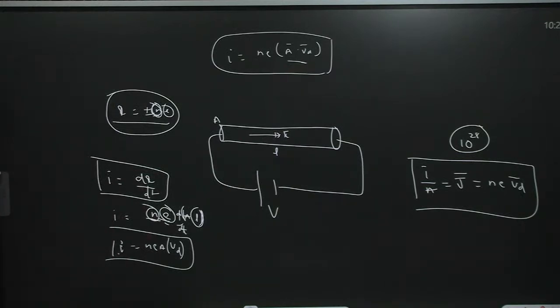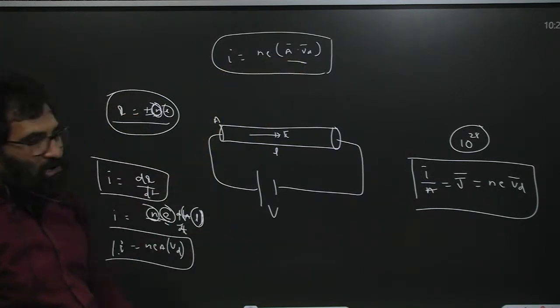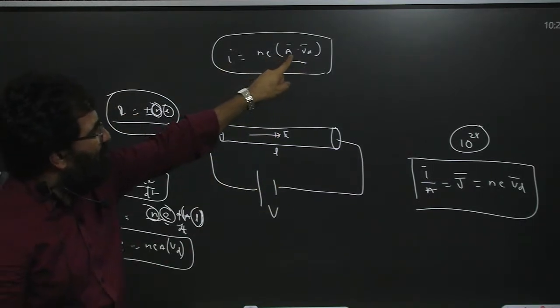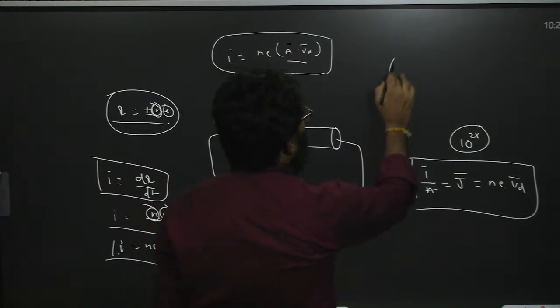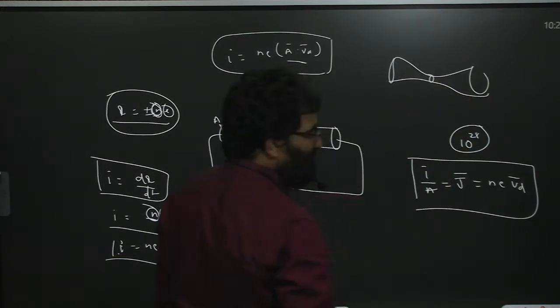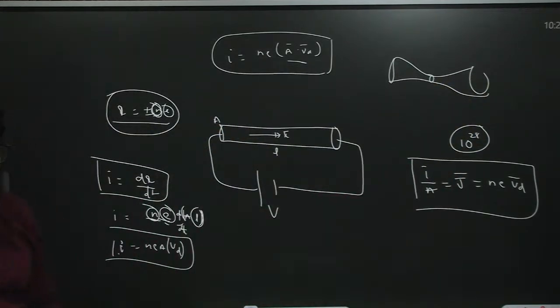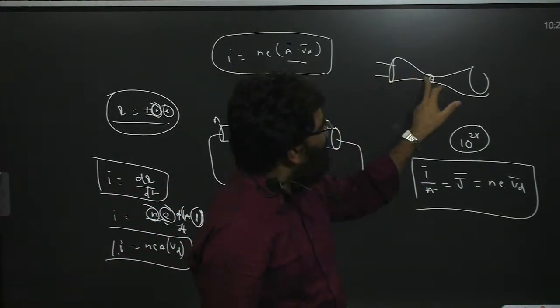Where did we use this? Just in fluids, the equation of continuity, A bar dot Vd bar. So current is constant. If area decreases, drift velocity increases. Take a non-uniform conductor like this. Here the area of cross section is less, drift velocity is more. Current will be the same. Here current is the same, and here current is also the same.